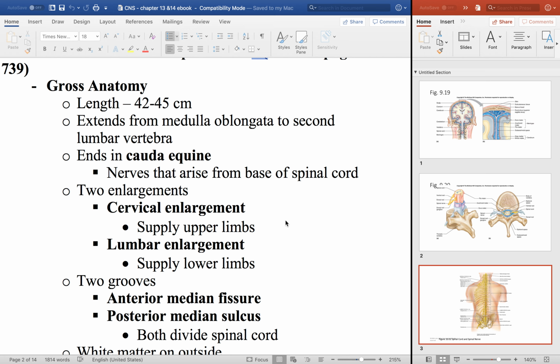Okay, there's two enlargements, the cervical enlargement and the lumbar enlargement. And those enlargements are because there's a lot of nerves that have to come out of that area and go to our appendages.